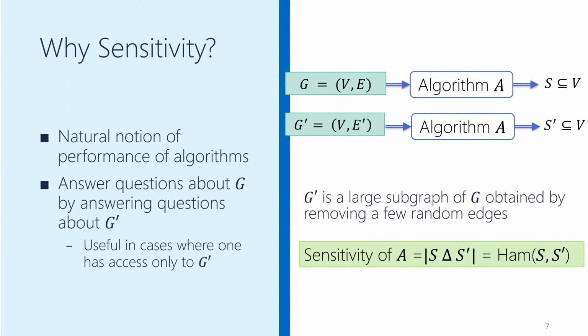For example, unupdated or hidden friendships on social networks or link failures in large traffic networks. One can model such edge failures as random edge deletions, and in these cases, using a low sensitivity algorithm, one can get outputs that are close to the outputs on the original graph.